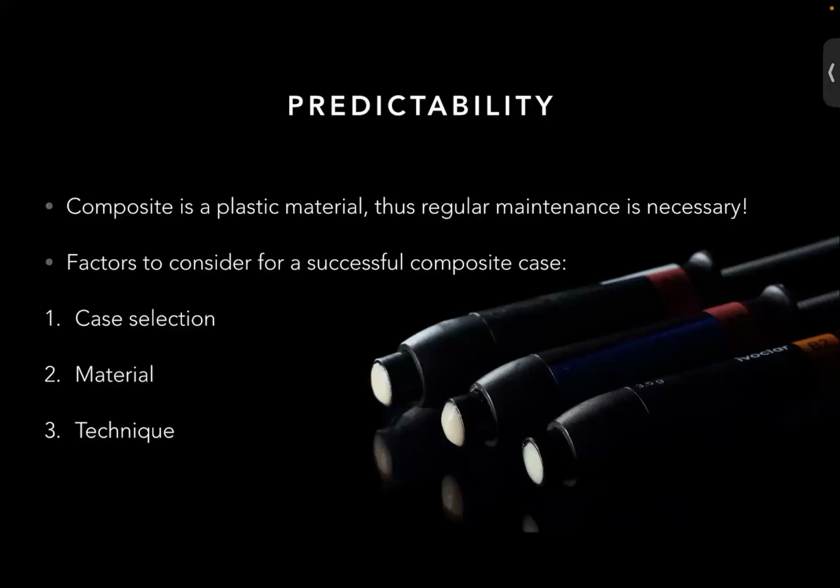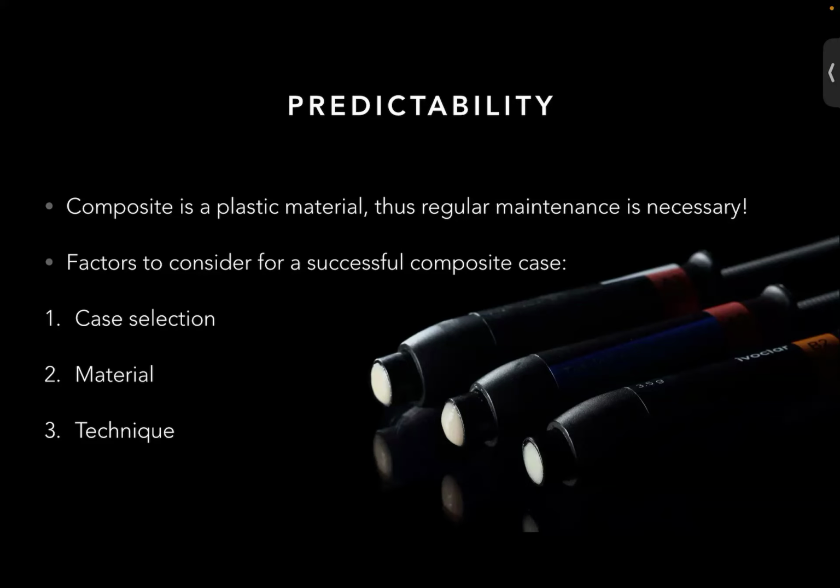Now, when we are going to master composites, there is one aspect which we need to understand, that is predictability. We need to achieve predictable results, right? Results which we know are going to last for a good amount of time. For this, there are some points which we need to take care of, which is case selection, material, and technique.